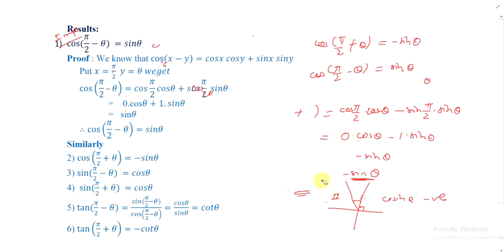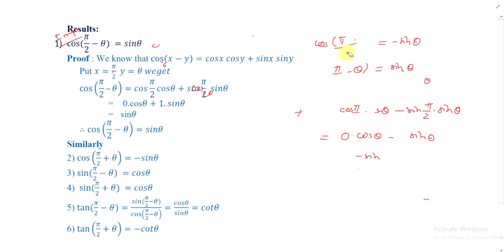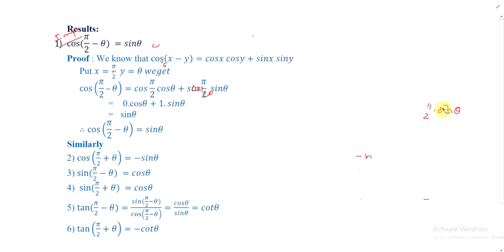If we use the same result, that is pi/2 minus theta, then also we can prove that sin(pi/2 - theta) is equal to cos theta. And here sin(pi/2 + theta) is also plus cos theta. You can see there, because the sine ratio is positive in the first quadrant as well as in the second quadrant. Therefore, here we can prove these two results also.